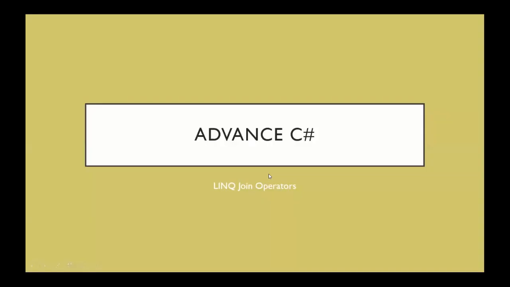All right. Now let's go to join operators. The join operators are like SQL again. And that is what I was telling you, that LINQ is a common language, a common syntax which can be applied for any kind of data source, whether it is a database or XML or memory objects, like your collections or list.